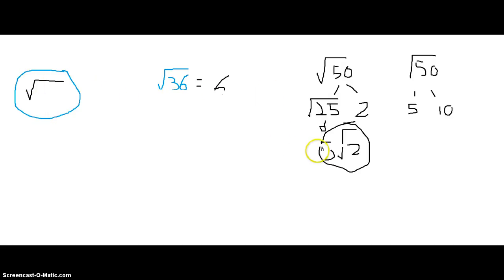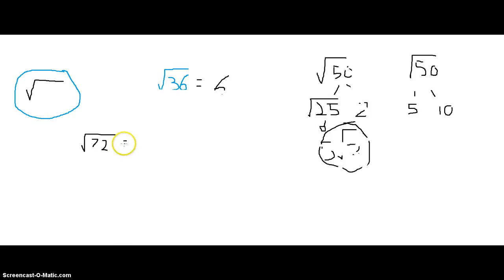Let's do another problem, but let's change it up. Okay, not going to erase all that. Let's do the square root of 72. Now, there are many different ways to figure out radicals and solve them. But once you find a way that works for you, that your teacher teaches you and you're comfortable with, you can start using that.